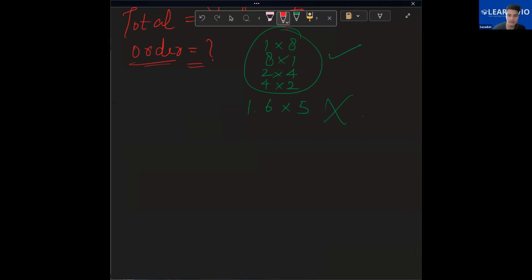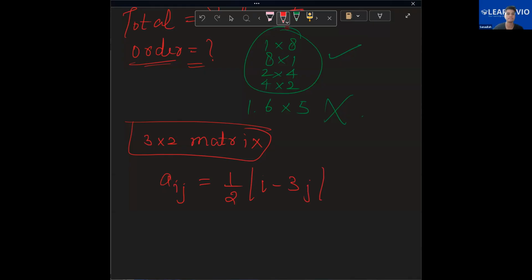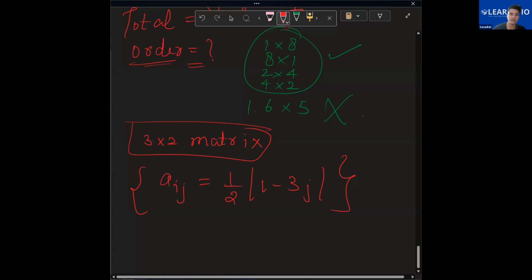You have to construct a 3 by 2 matrix, and you have a general term A ij equals i minus 3j. You know what a general term is? Whenever you are writing the matrix, there are some general terms A11, A12, and so on to Amn.